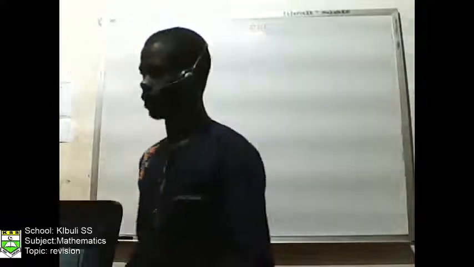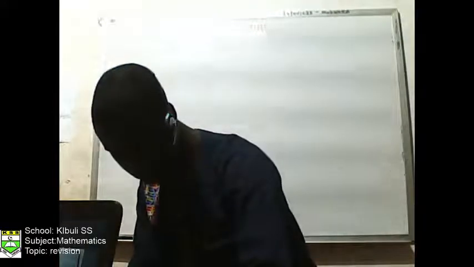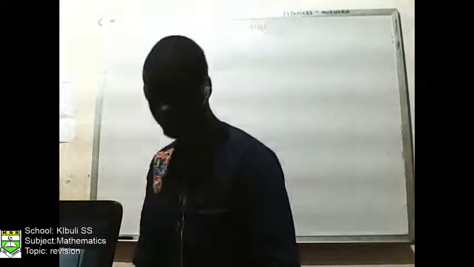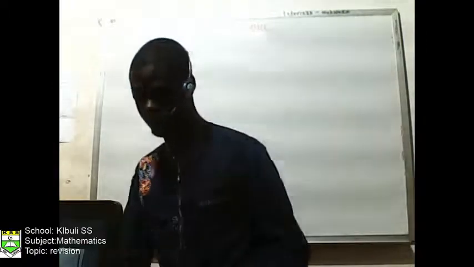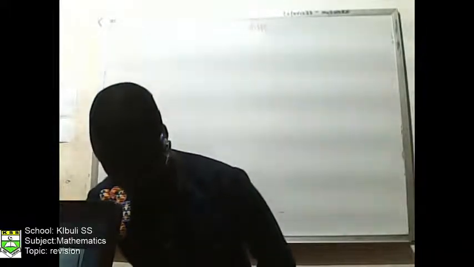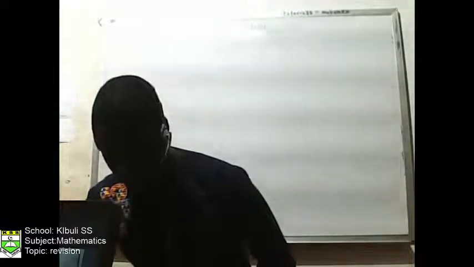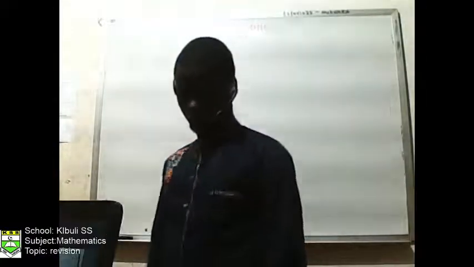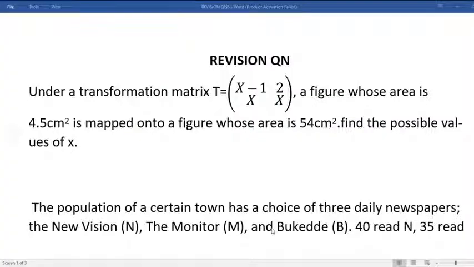Okay. So the population of a certain town, now I'm looking at sets. I think you can see on your screen there is an example there. I hope you can see it very well. The population of a certain town has a choice of 3 daily newspapers: New Vision, the Monitor, and Book a Day. 40 read New Vision, so the number of New Vision is 40.